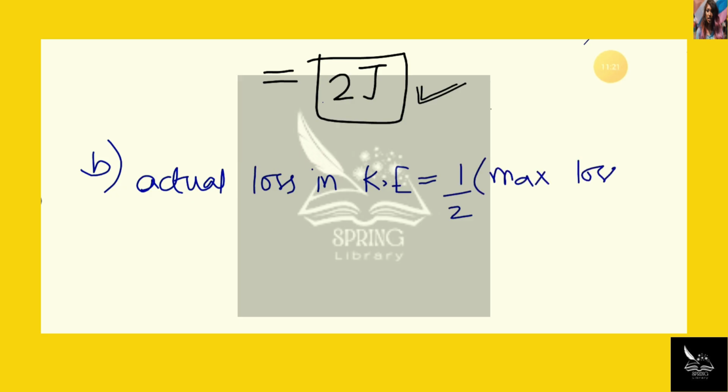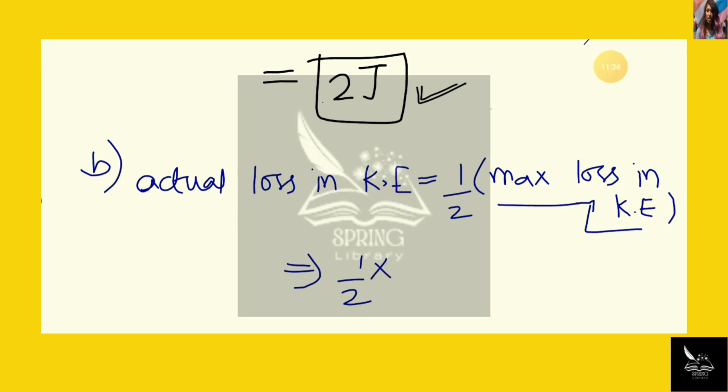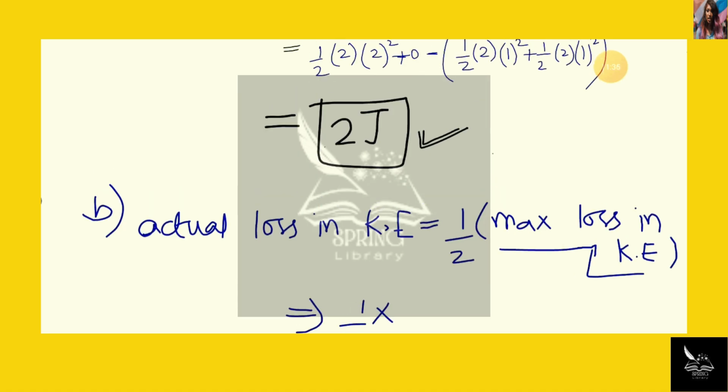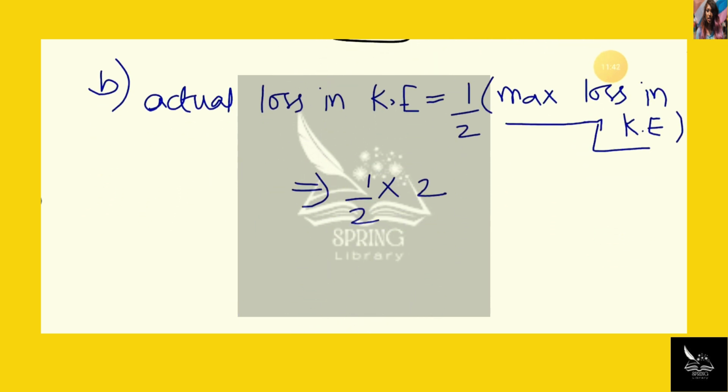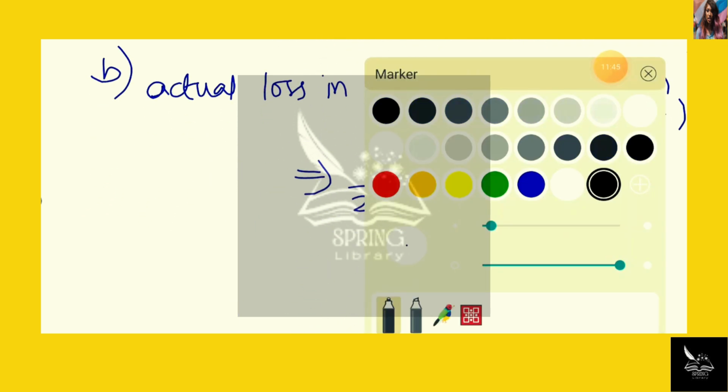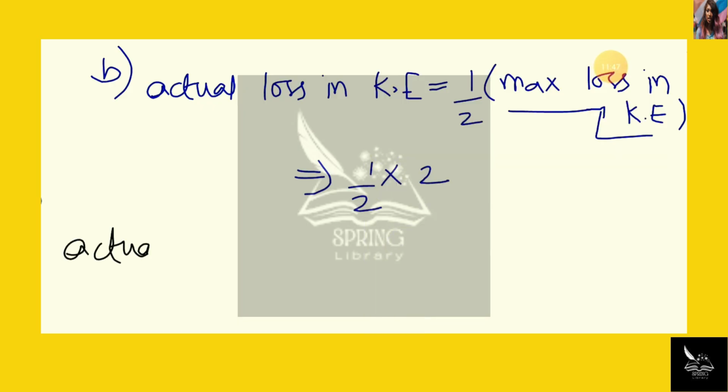So I can say that the actual loss in kinetic energy will be equal to half times of the maximum possible loss in kinetic energy, using the answer written in part A. So I am putting the value 2 here. After solving I will get the actual loss in kinetic energy, that is equal to 1 joule.